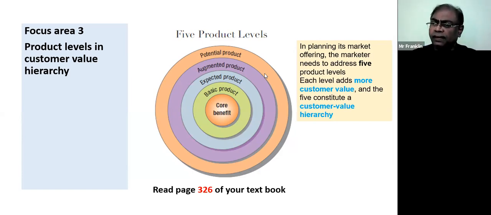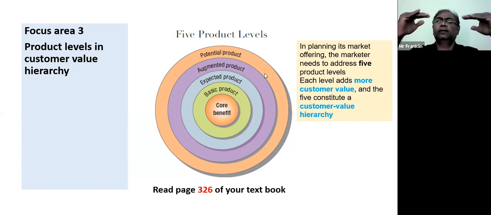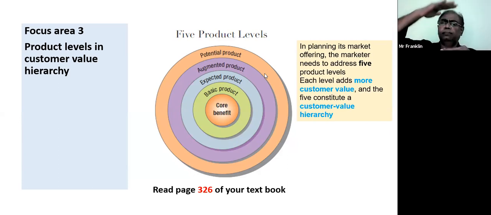The 5 product levels add more customer value, and the 5 constitute a customer value hierarchy. Value hierarchy means higher level, higher level, higher level. Hierarchy means level 1, level 2, level 3, level 4. So there are 5 product levels.